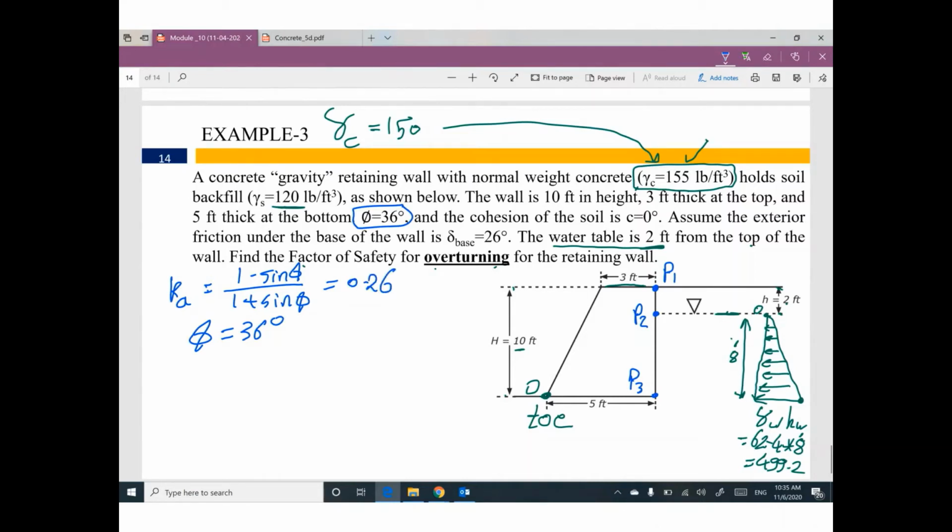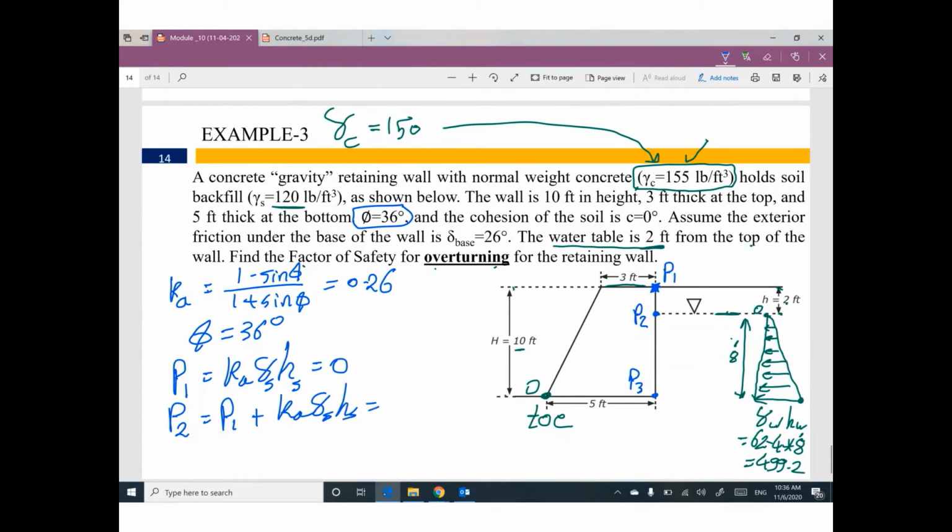So pressure P1 equal K active gamma soil H soil. Do you have any H soil above point P1? No, we don't have any soil above. So P1 equals 0. P2 equals the previous value, which is P1, plus K active gamma soil H soil between 1 and 2.